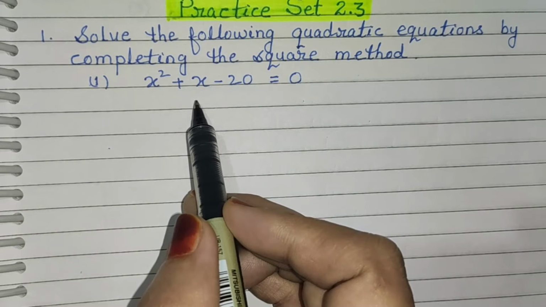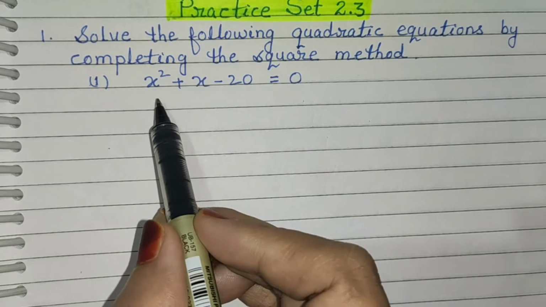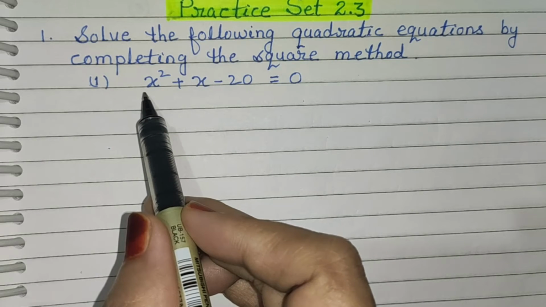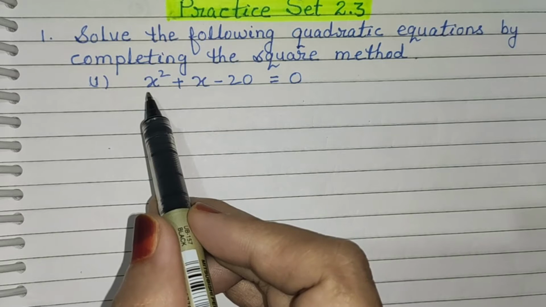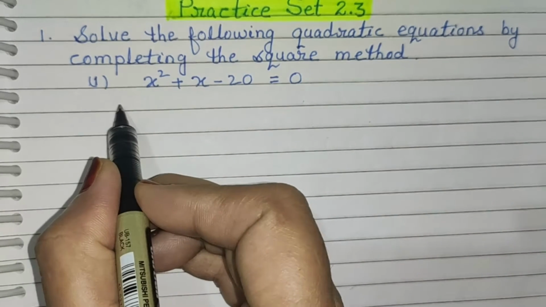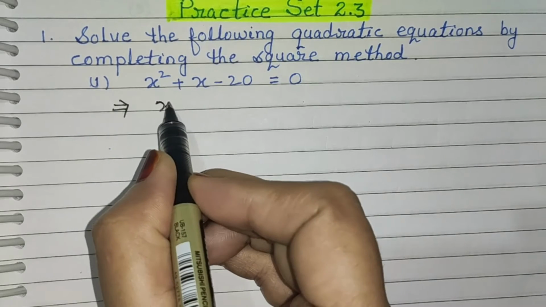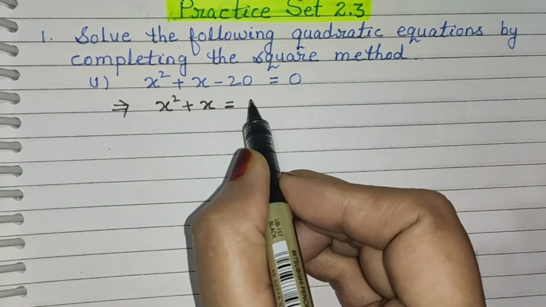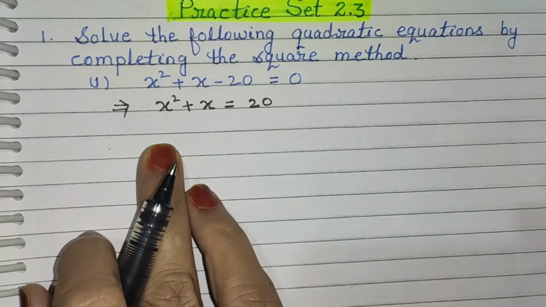In this equation, the coefficient of x square means a is equal to 1. Therefore, next step is transpose the constant term to right hand side. We get here x square plus x is equal to 20.